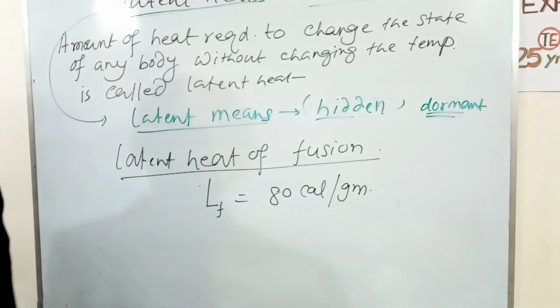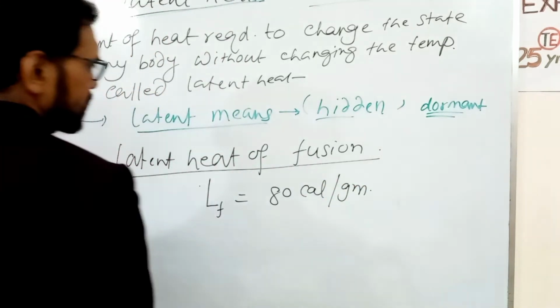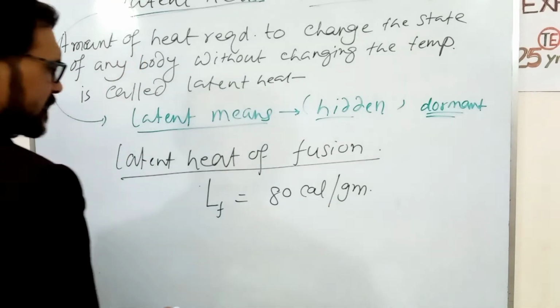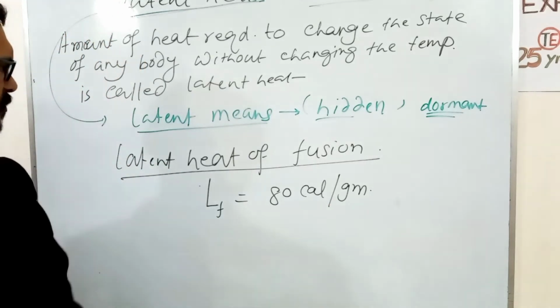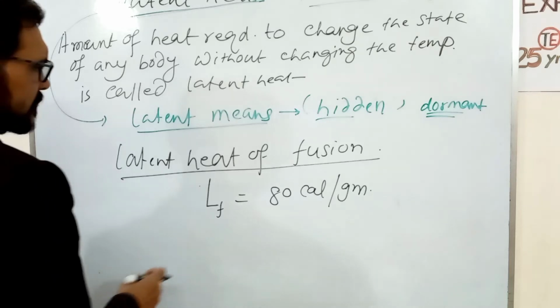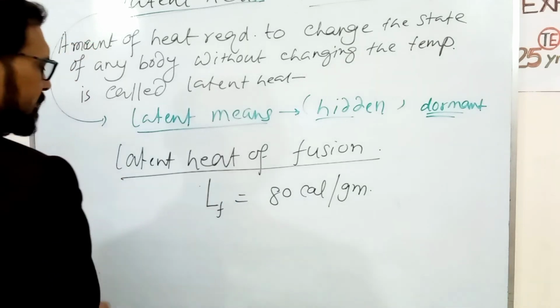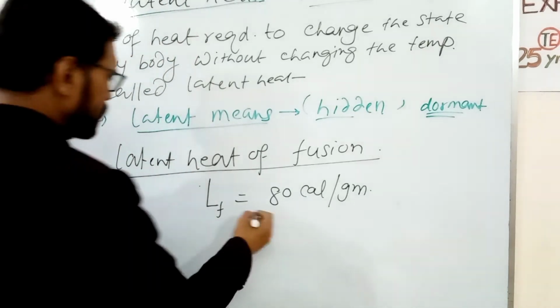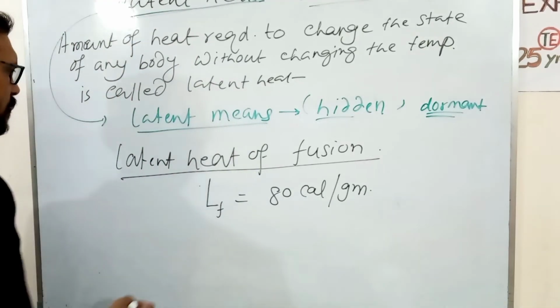That means to melt 1 gram of ice at 0 degree centigrade and convert it to water, 80 calorie heat is required. This is the latent heat of ice, 80 calorie per gram.